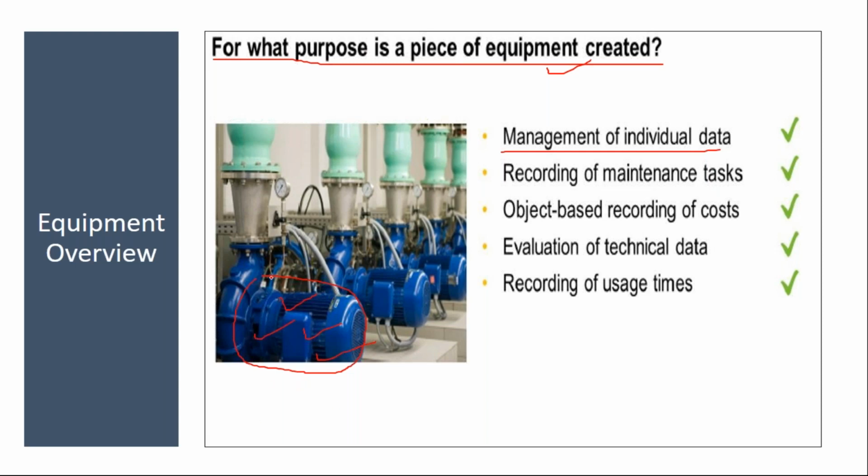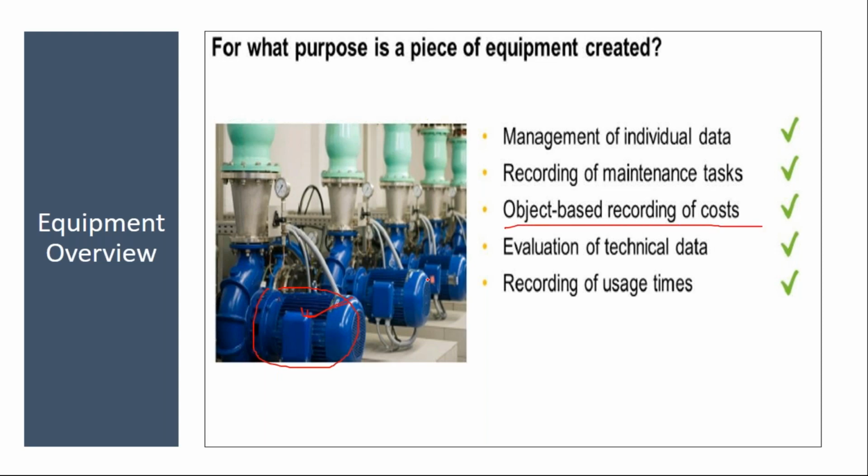All that data about that particular equipment you can maintain in the equipment master. Then recording of the maintenance tasks. Once you create a machine as an equipment, you can record all the maintenance activities performed for that equipment. And object based recording of cost. At the equipment level, at the machine level, you will get your maintenance cost.